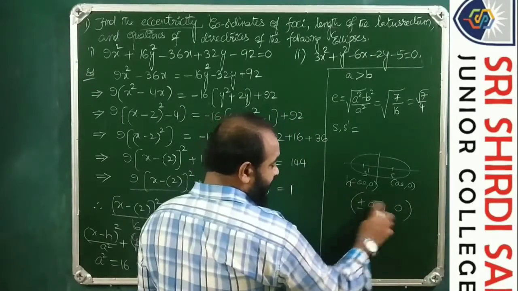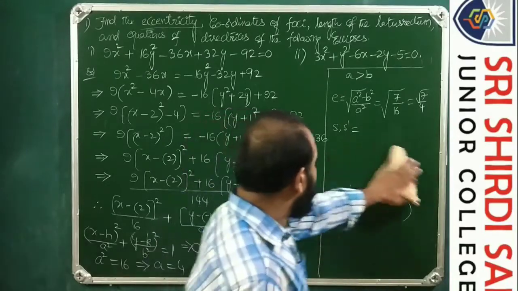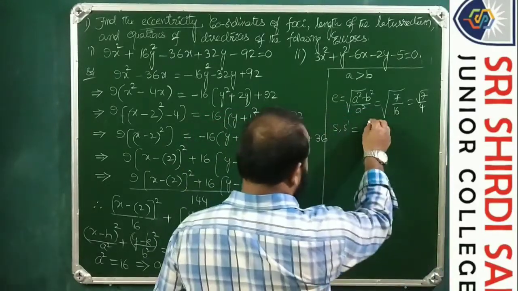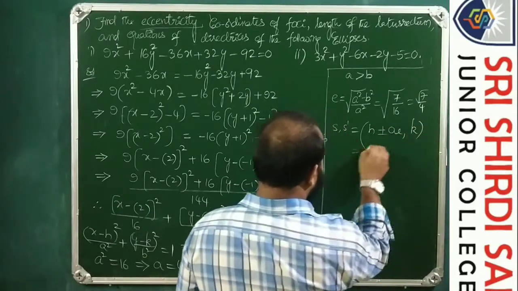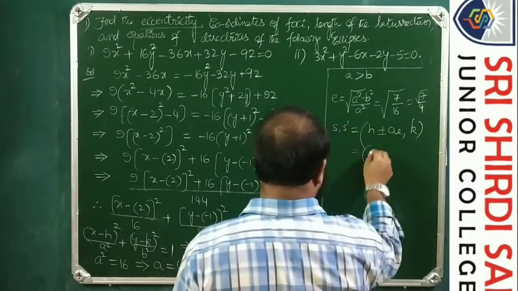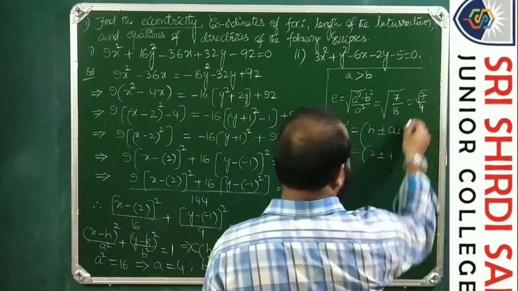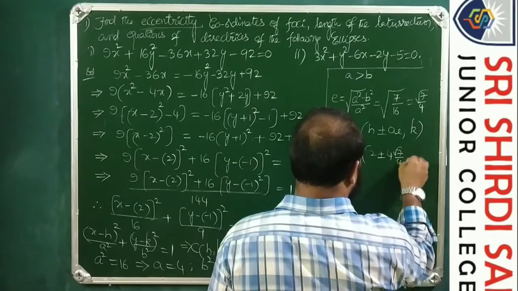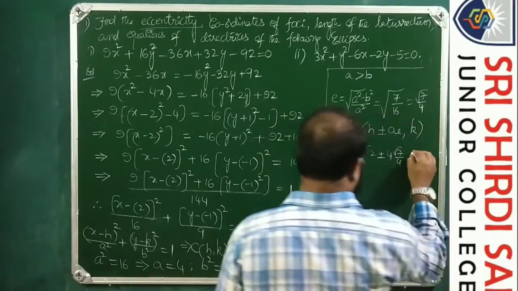So for this, h and k will be added extra. Let us write here h plus or minus AE comma k. H is 2 plus or minus, the value of a is 4, e is root 7 by 4, comma k value is equal to minus 1.